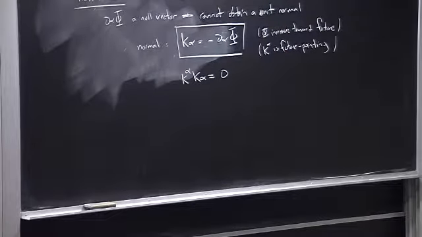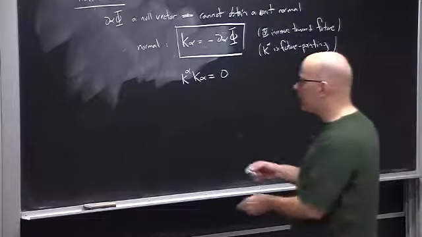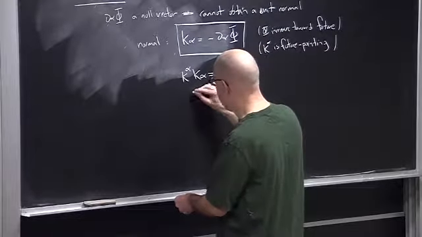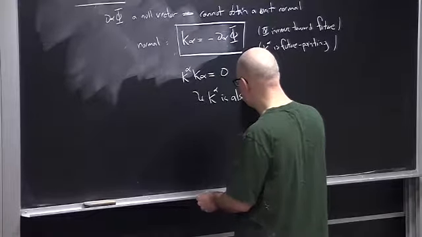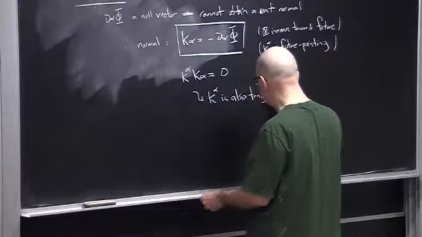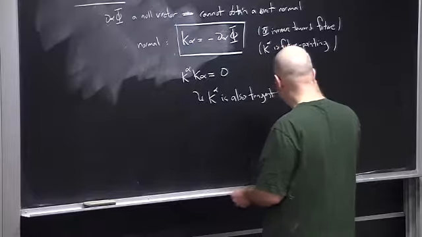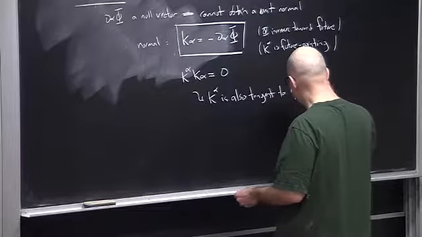And the other thing that we get from all of this is the fact that, well, k is not just normal to the hypersurface, k is also tangent to those hypersurfaces, to this hypersurface.